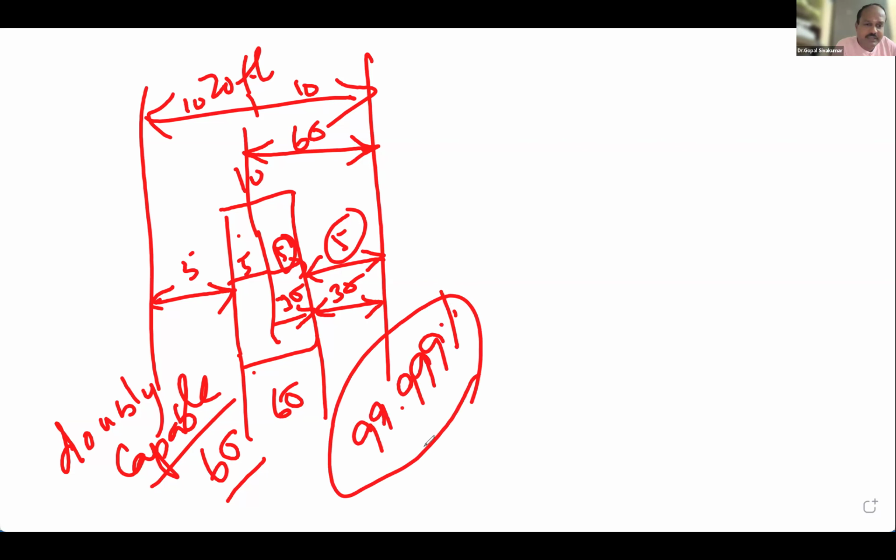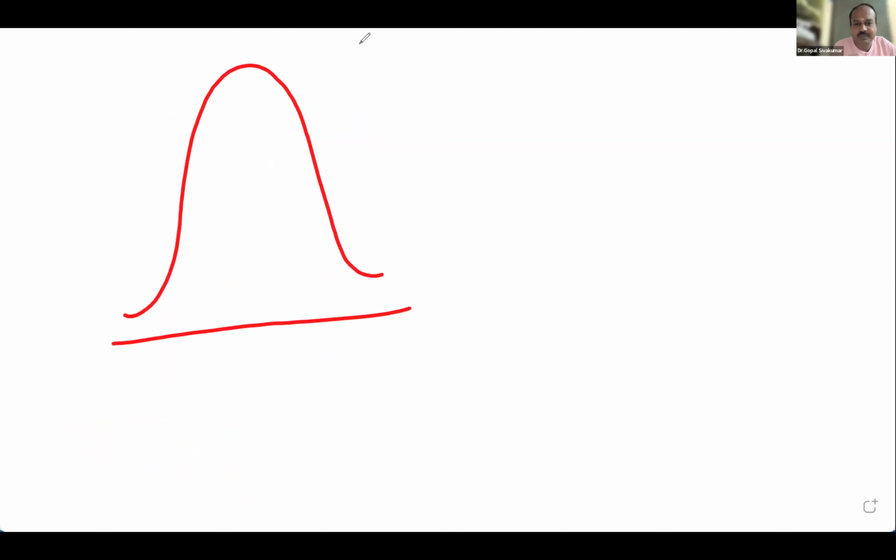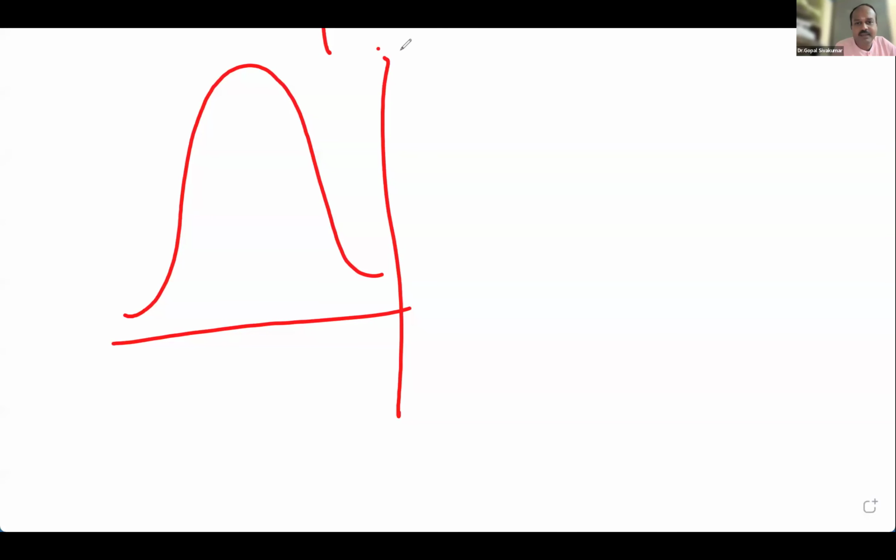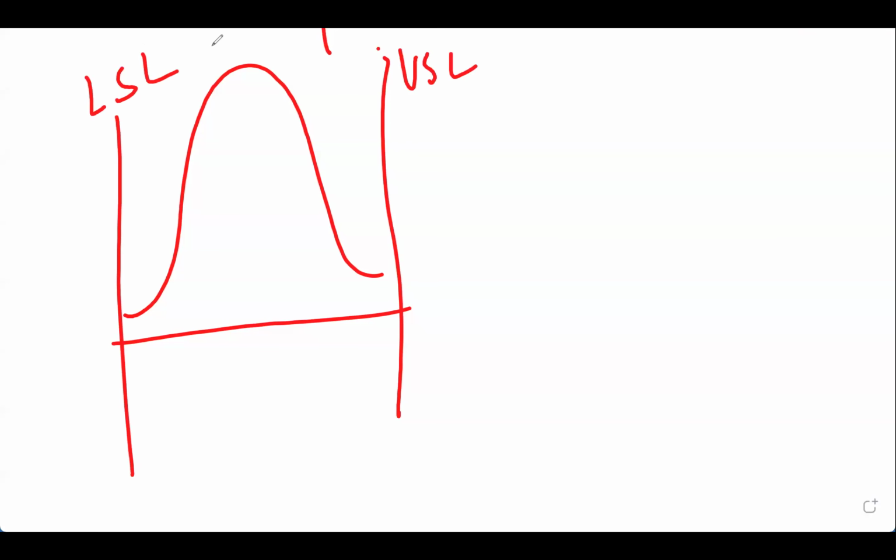However, in the previous scenario, the just capable scenario, this is your car, and here is the specification. Can you see your process consuming all the tolerance?